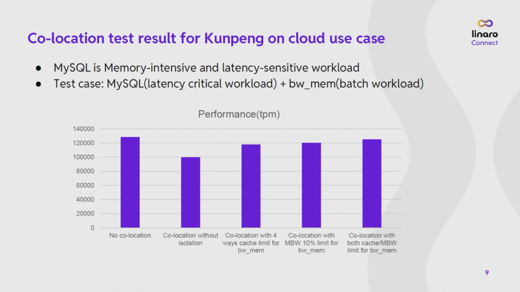Then we isolate the BW memory: with only 4 ways of cache, limiting that, the performance increases. Then with memory bandwidth only, you can use only 10% of the memory bandwidth, and it's a little bit better. And lastly, with both the cache and memory bandwidth limited, the performance is even better.